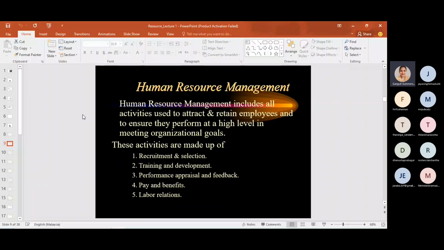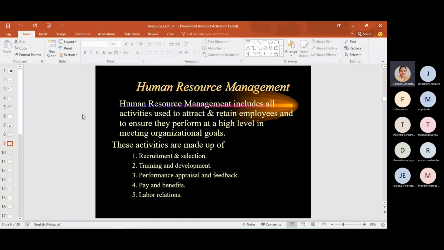It is very important for us to retain the employees as well. What does the word retain mean?